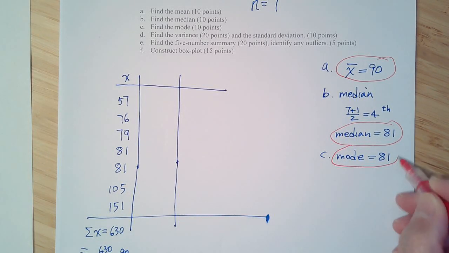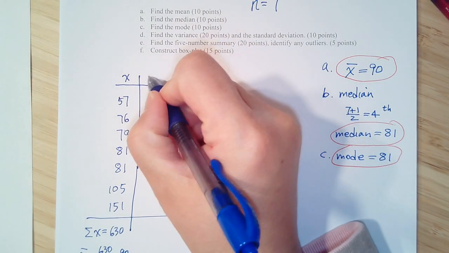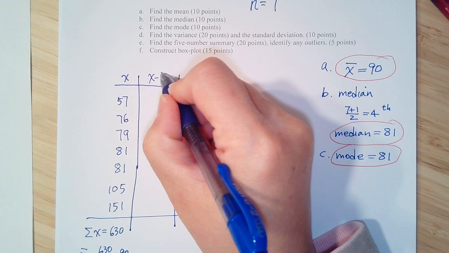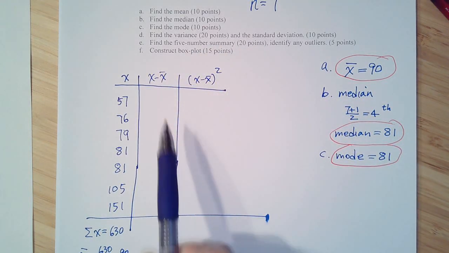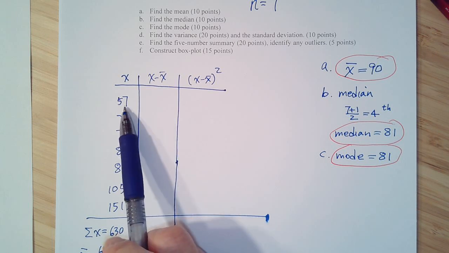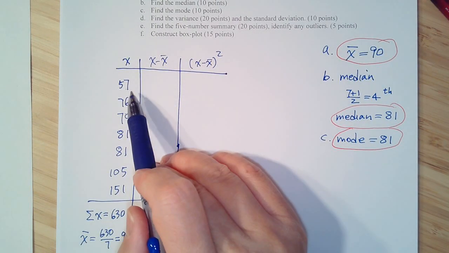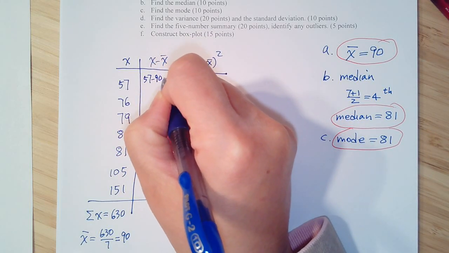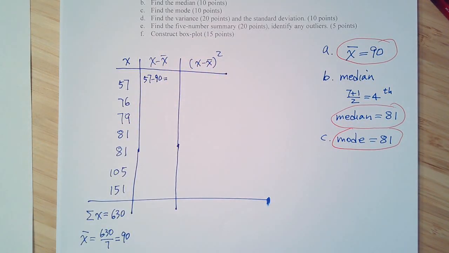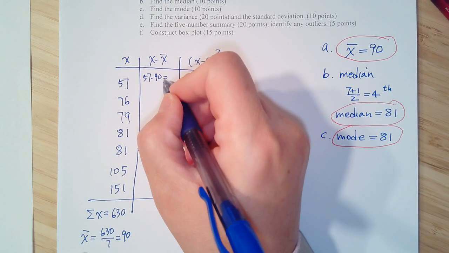And then we do the variance and the standard deviation. Of course, we can just do it here, x minus x bar, and here is x minus x bar squared. I'm going to use the x value 57 minus the mean. The mean is 90. I write it here just to help you a little bit, but when you work on the quiz, you don't have to write the steps, but you have to give me the answer. So that will be negative 33.